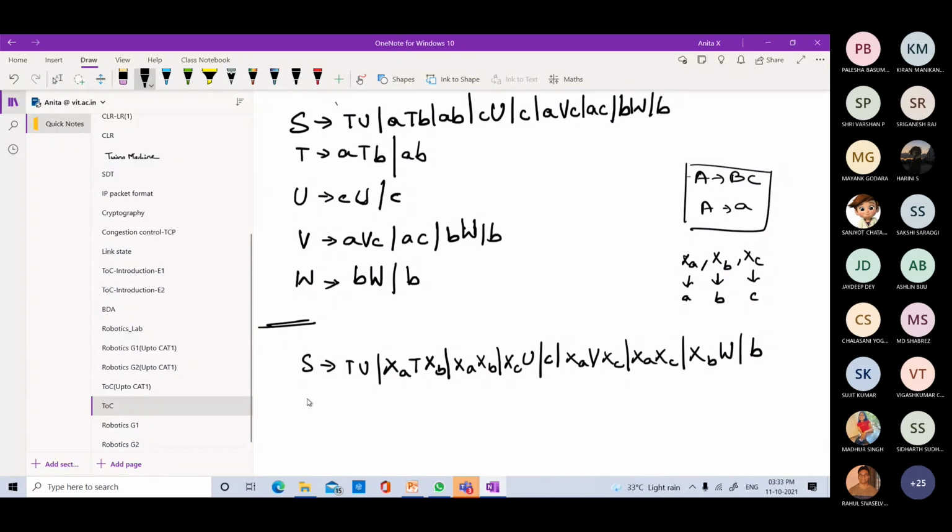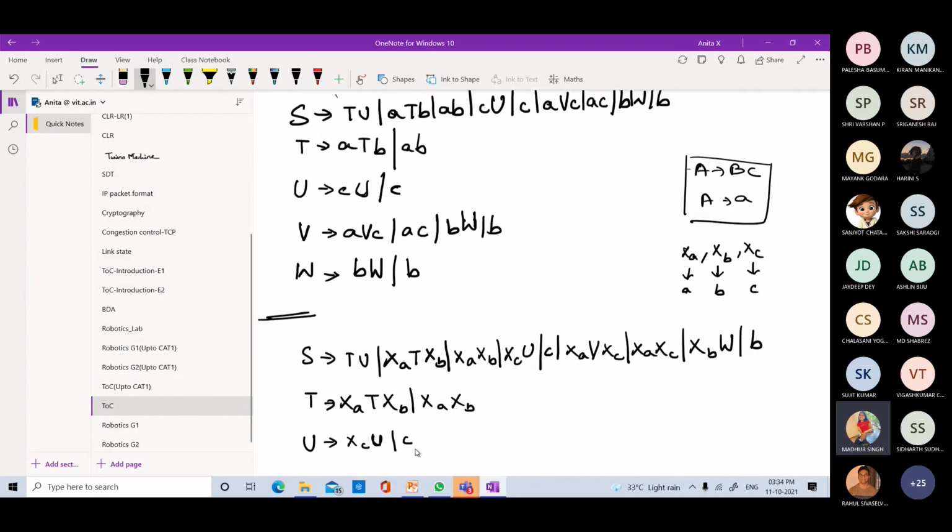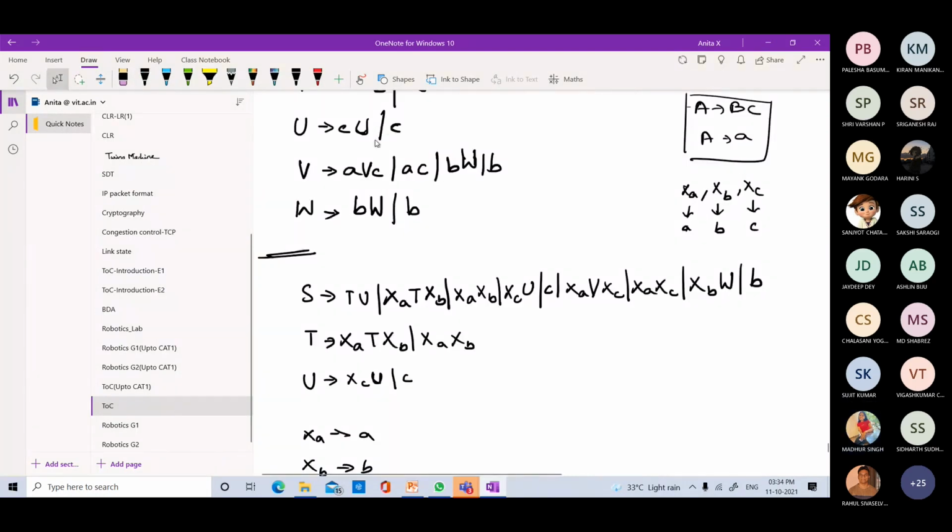Hope you are writing this right. So T derives what I'll be having: Xa, B, Xb, Xb, or Xc, Xb. So T derives XcU, or c. So please make a note, we are making changes but only when there is a deviation, right?